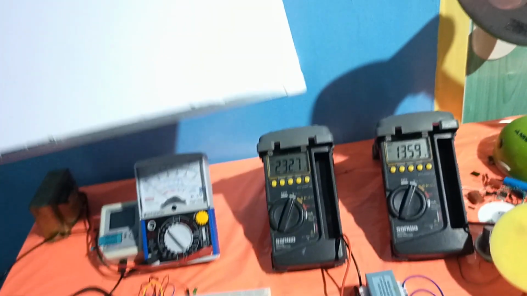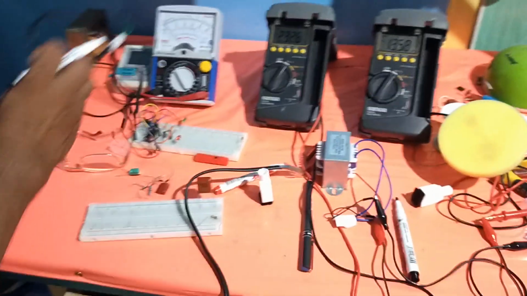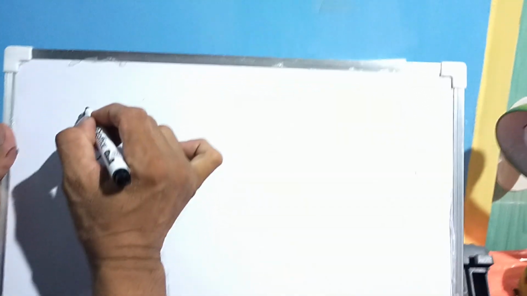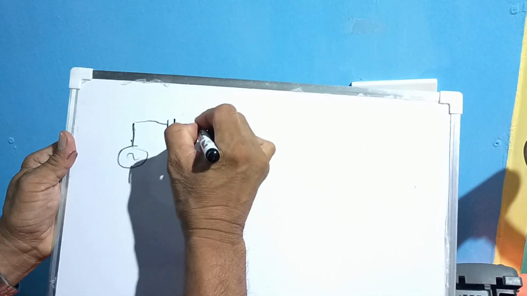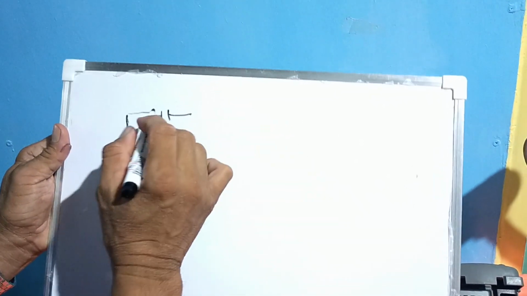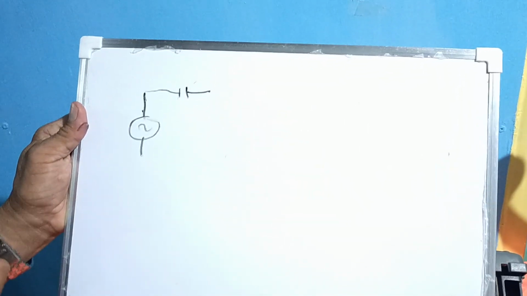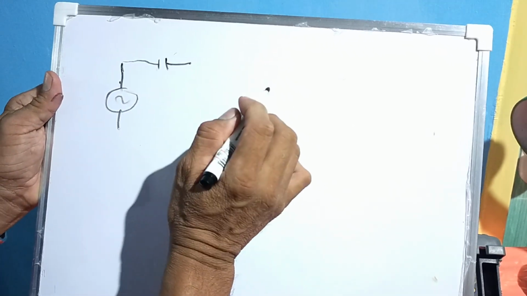We have here the AC cord, which symbolizes the AC source. Then, it is followed by a capacitor. A capacitor here is a voltage dropper that will lower down the voltage from the outlet.